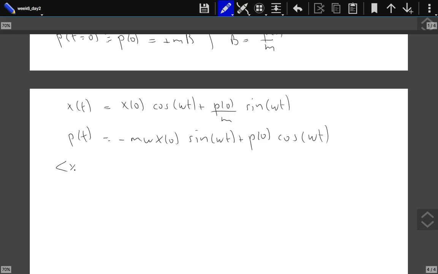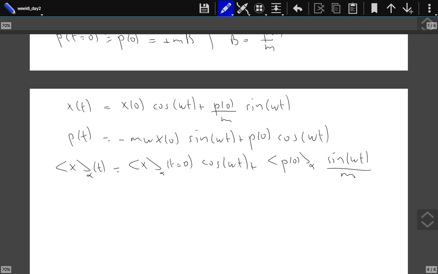So if you want to calculate how the expectation value of x changes as a function of time for any state alpha, this is nothing but its value at t equal to 0 times cosine omega t plus the expectation value of p in that state times sine omega t over m omega.